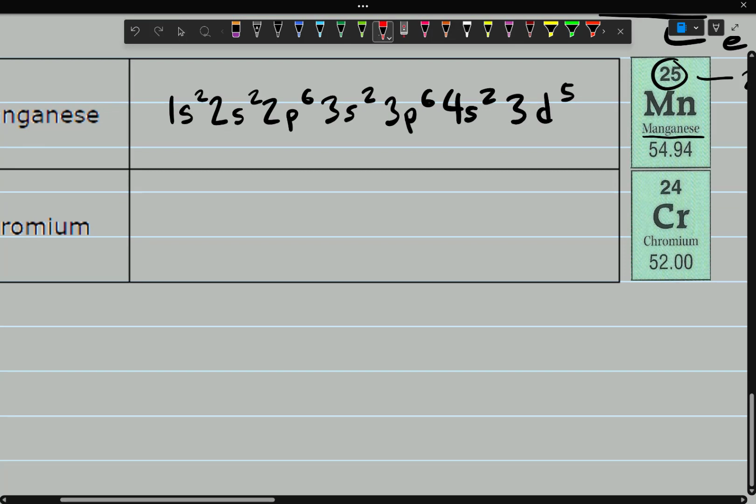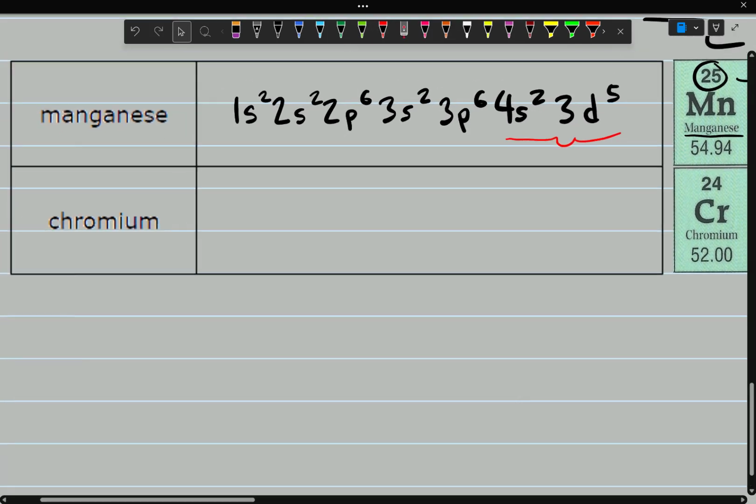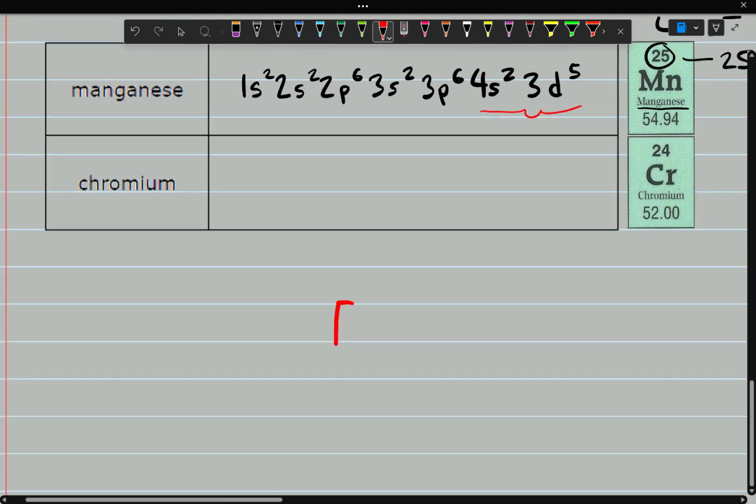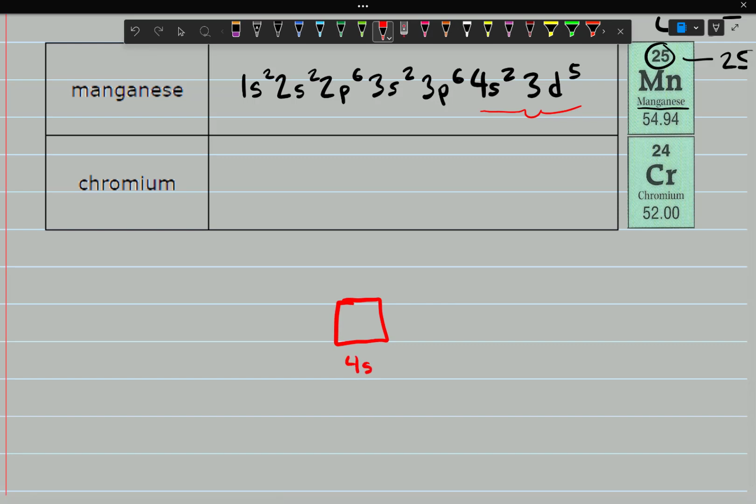So if we take these orbitals here, what this looks like is we've got our 4s orbital, and then the d orbital, which can contain up to 10 electrons.